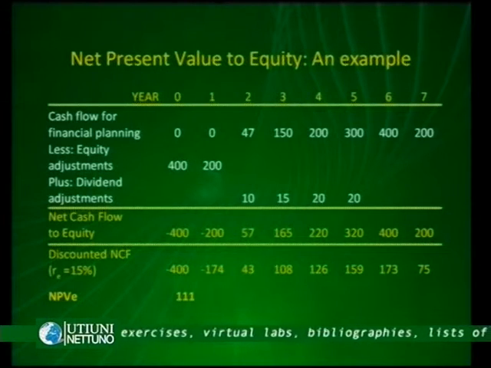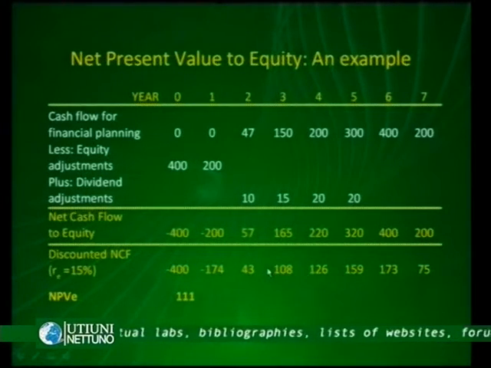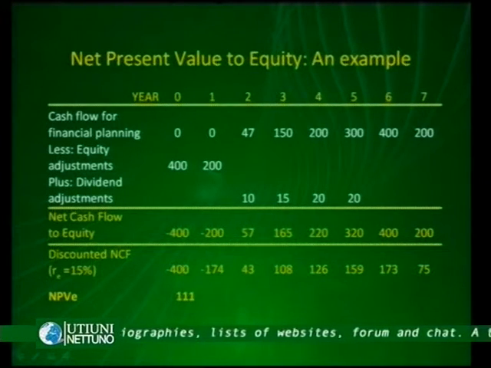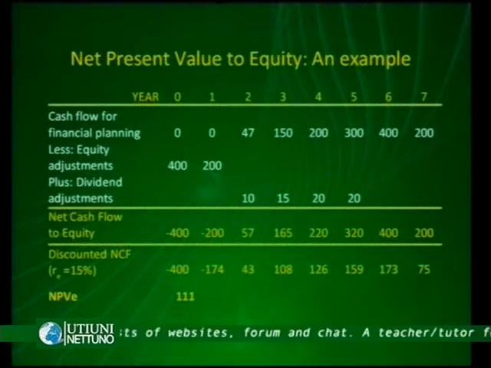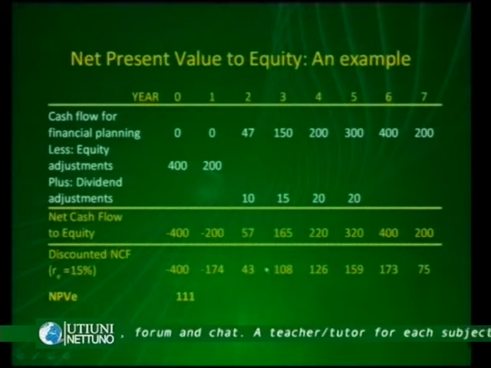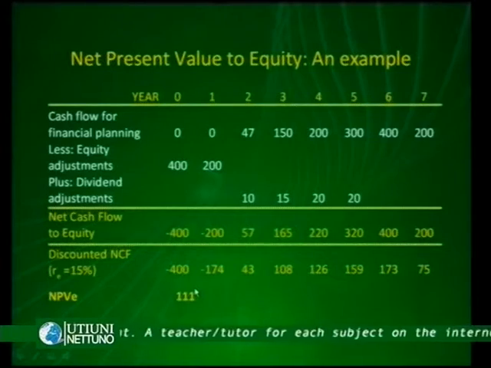And in this line, therefore, we obtain the discounted net cash flows to the equity. And at this point, as we did in the previous example, we can just calculate the net present value to equity by summing up all the discounted net cash flows to equity that are in this line. And what we can see is that the net present value to equity here is equal to 111.